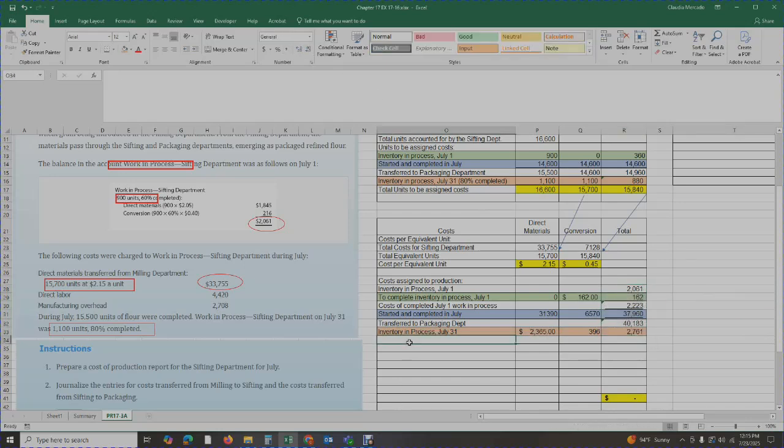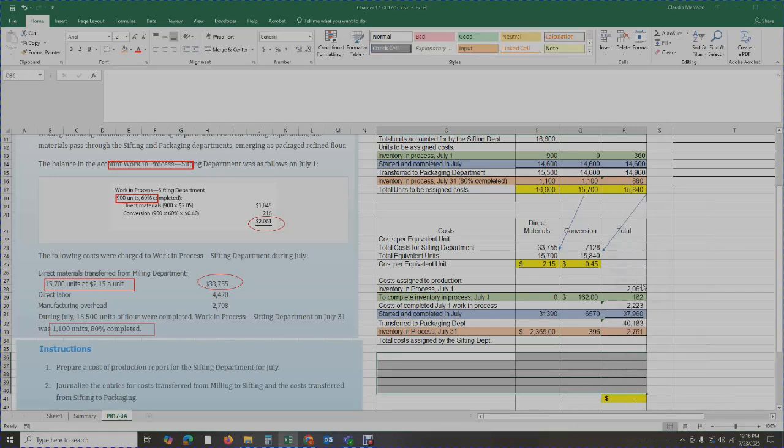Okay. Now we're going to go ahead and figure out the total cost assigned by the sifting department. So for the total cost, we're going to add. Let me go ahead and delete these down here.